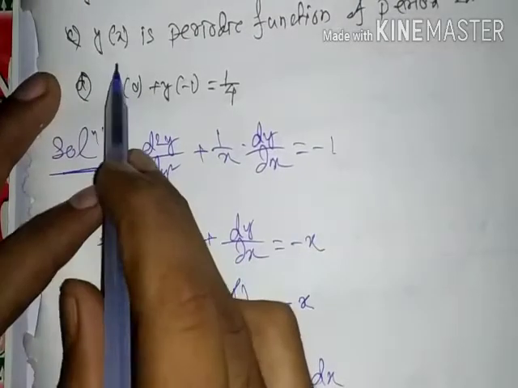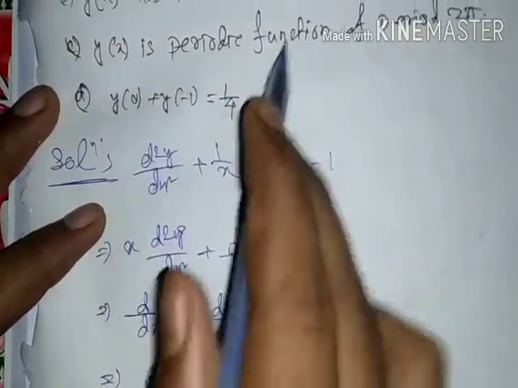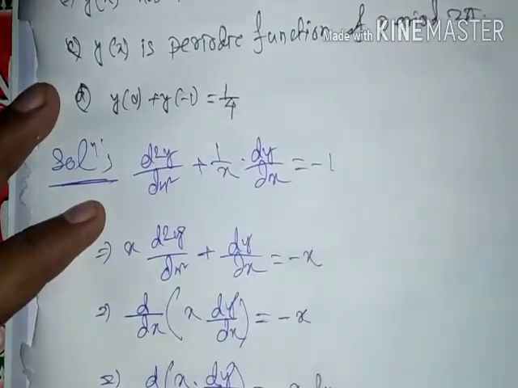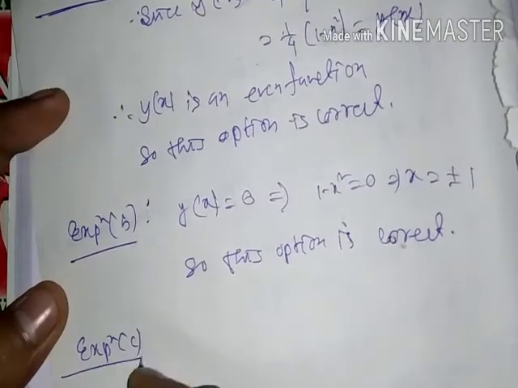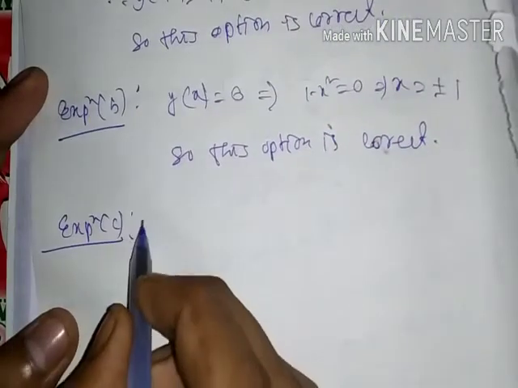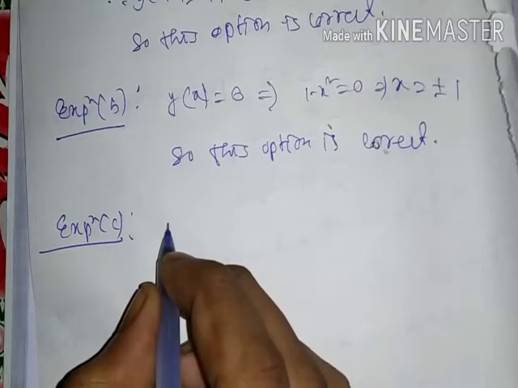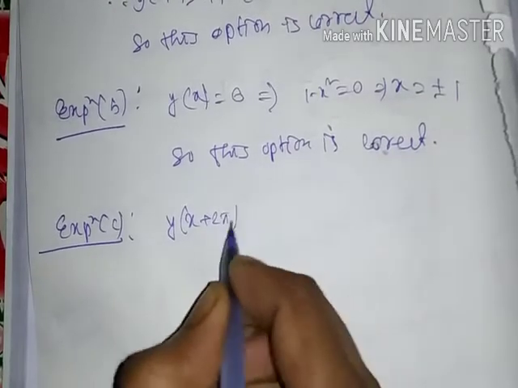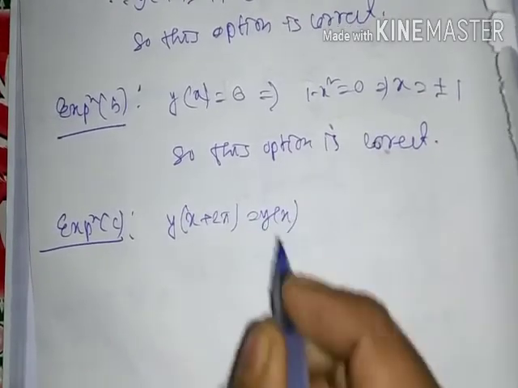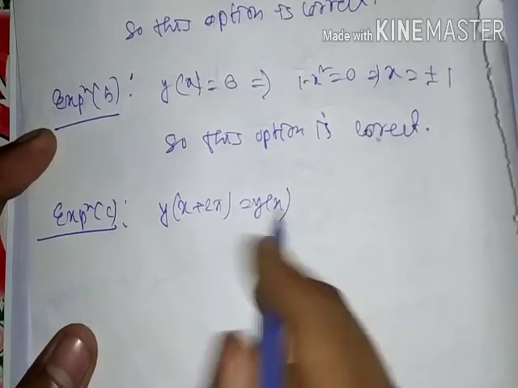Next we check option C. y(x) is a periodic function of period 2 pi. Explanation of option C. If y(x) is periodic with period 2 pi, then it satisfies y of x plus 2 pi equal to y of x. If it does not satisfy it, then we cannot say it is periodic.